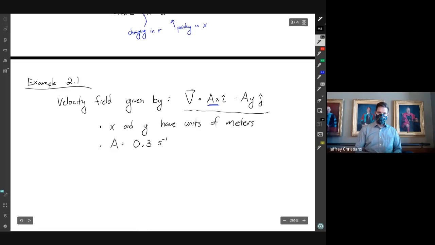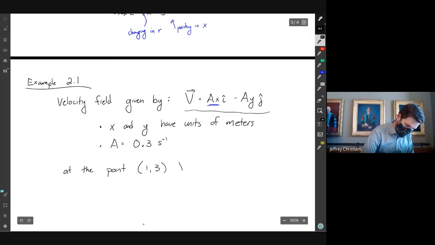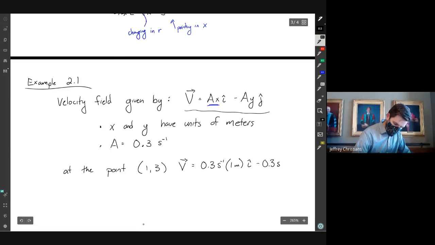All right, if we have this velocity field, we could find the velocity at a certain point. So at the point 1, 3, velocity equals 0.3 per second times 1 meter i hat minus 0.3 per second times 3 meters j hat.